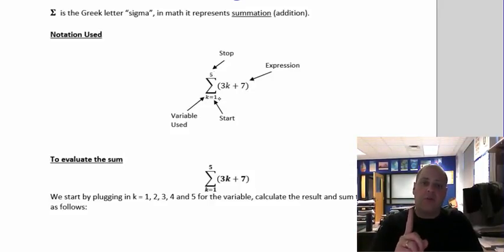That means the first number you're going to plug into the expression is 1. Right here to the right of sigma, you're going to see the expression, 3k plus 7. It says k equals 1, so obviously you plug in 1. 3 times 1 plus 7. That's pretty easy. But you don't just plug in 1. You plug in every single integer from 1 all the way up to 5.